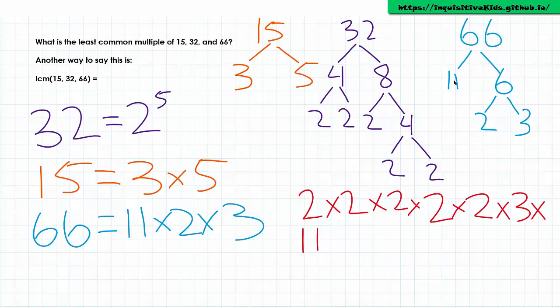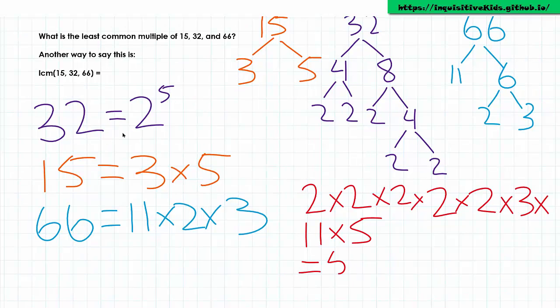We already have a 3, which means that we only have to multiply one more 5. 2 times 2 times 2 times 2 times 2 times 3 times 11 times 5 is 5,280. So the LCM of 15, 32, and 66 is 5,280.